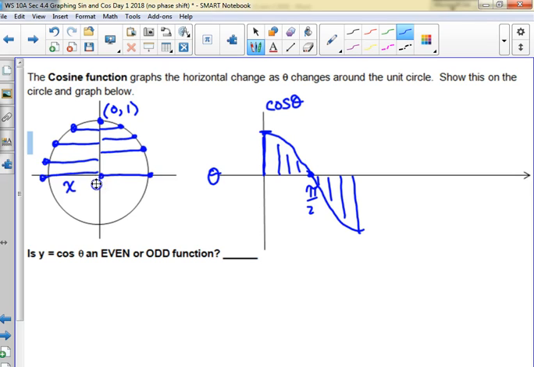Then down in this quadrant, the x value at these points is what? Still negative, but getting shorter?